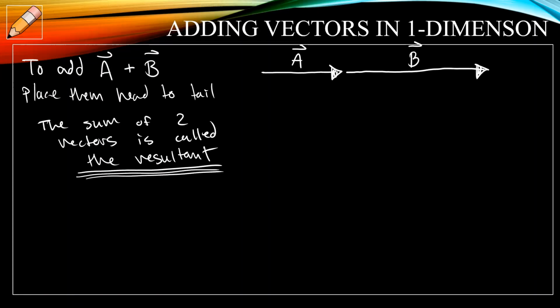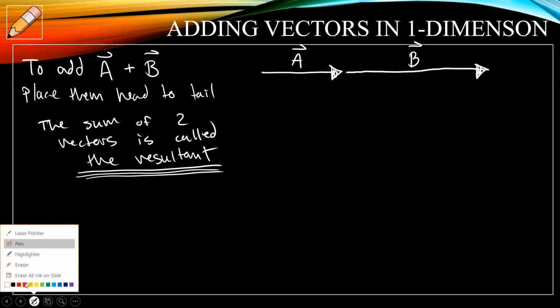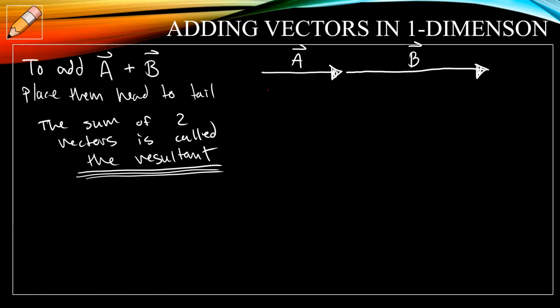And that resultant is a new vector. It's the vector that you get when you go from the tail of A to the tip of B.